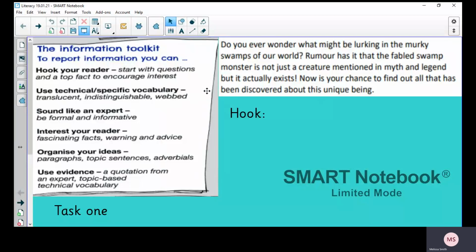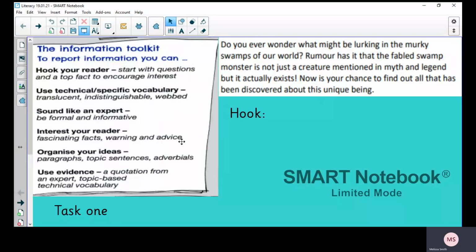They're all examples of words relating specifically to the swamp monster. Our third device that we want to include in the toolkit is to sound like an expert. And in order to do that, we are going to use formal language and we are going to be informative. So we're actually going to give the facts, the information to the reader.